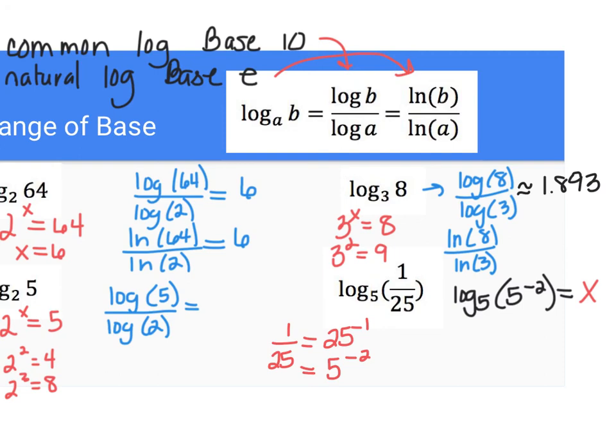If I switch forms, it'd be 5 to the power of x equals 5 to the negative second. Again, the base is the same, so the powers have to be equal, and we get x equals -2. We could evaluate that in the calculator if we wanted, but it's nice to use a little bit of logic here as we are solving these problems.